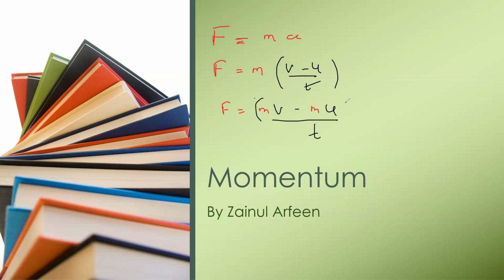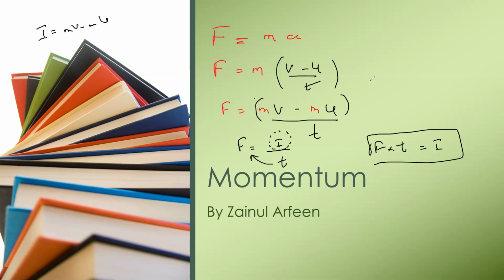What is mv minus mu? That is the change in momentum, or we can also say impulse, because the final momentum minus initial momentum is what we call impulse. So I can say F is equal to impulse divided by time. If I need the impulse, time is divided so on the other side it is multiplied: force multiplied by time is equal to impulse.